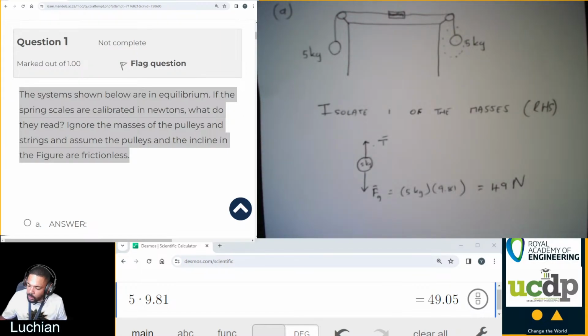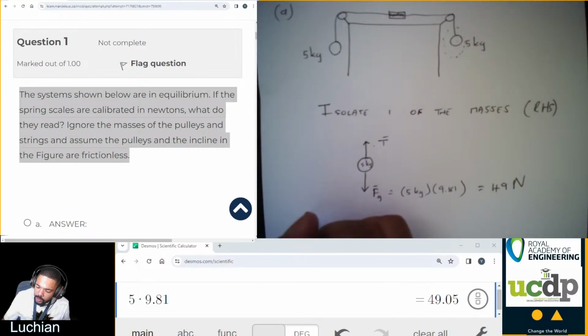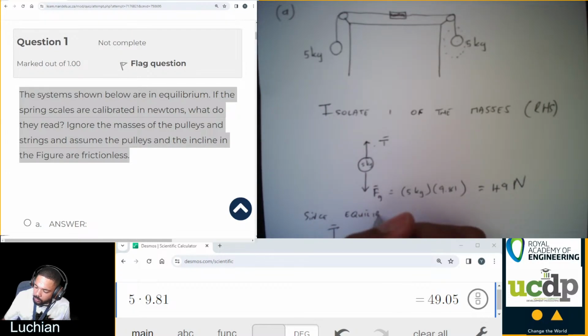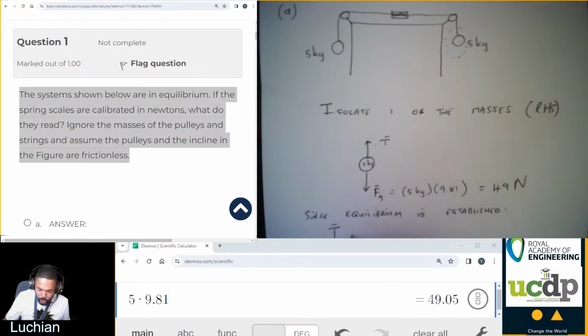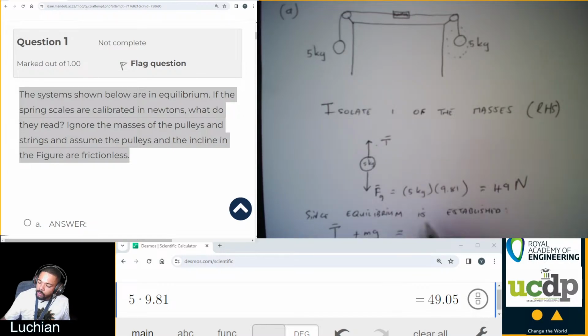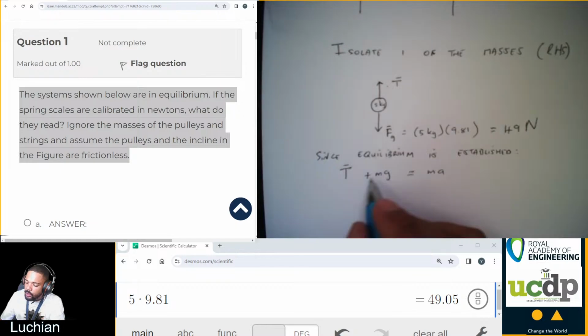Since it's in equilibrium, we know that the tension plus the force of gravity is the sum of the forces.